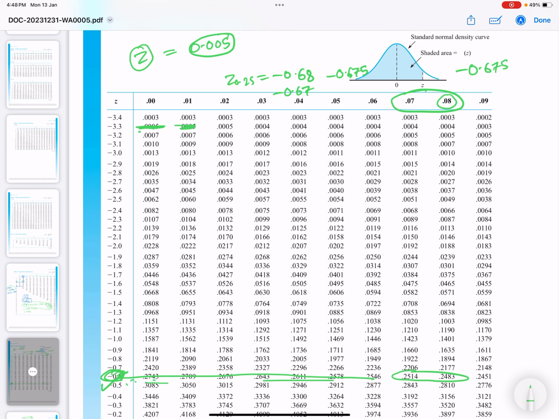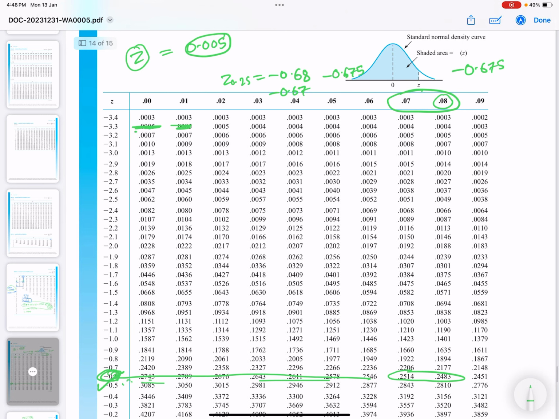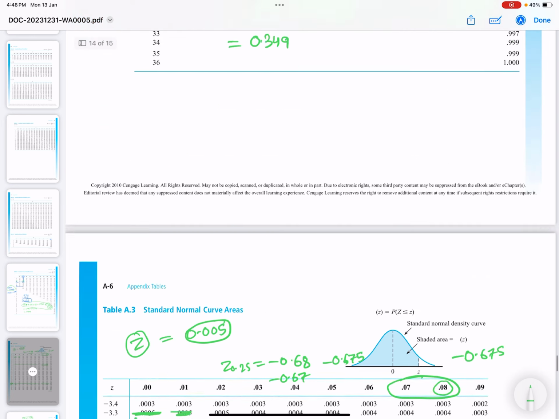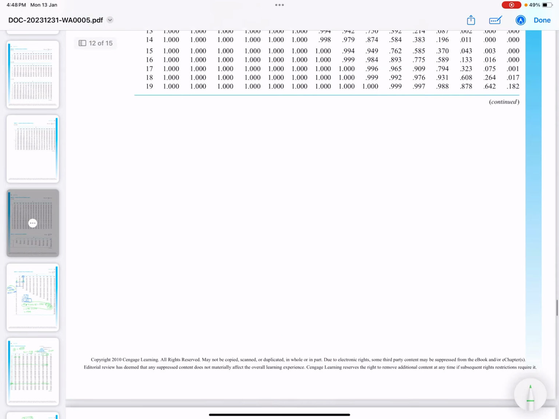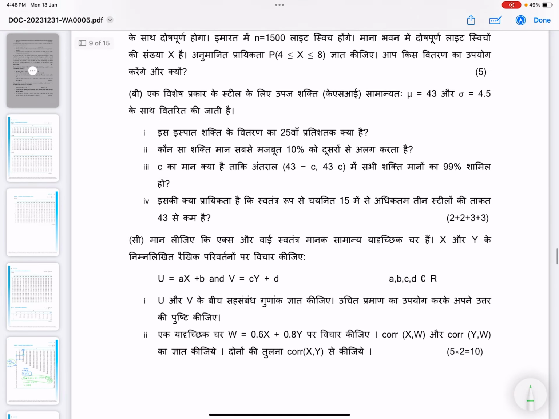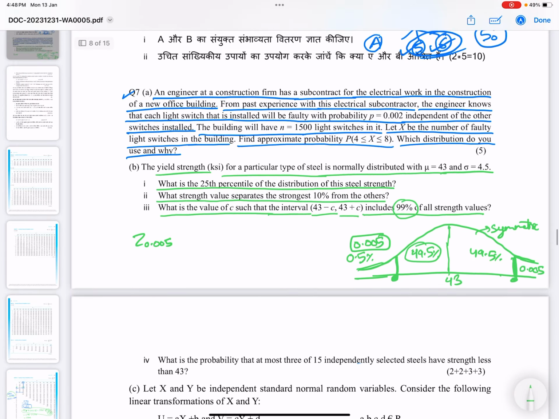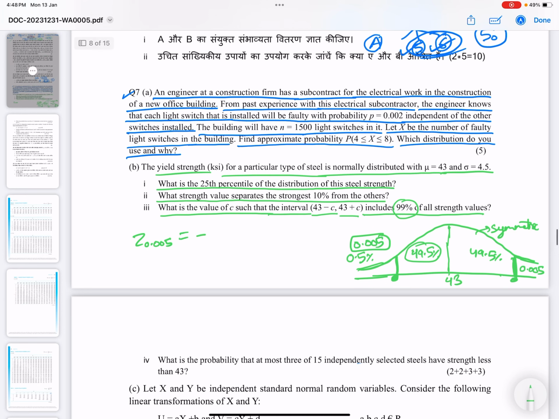So 0.005. Okay, these are the closer values. So we can take this, and this corresponds to minus 2.58. So this is coming out to be minus 2.58.